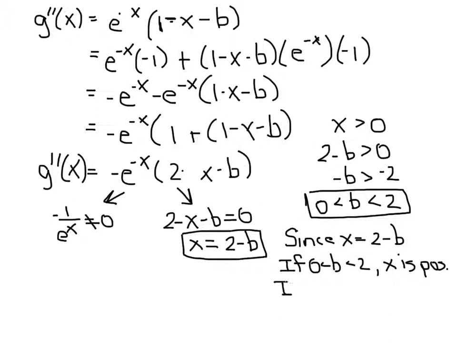However, if b is greater than 2, we can see then that x is negative. And when we look back to the second derivative function, if the value of x changes, then the value of the second derivative will also change. So there you have it, question 6.